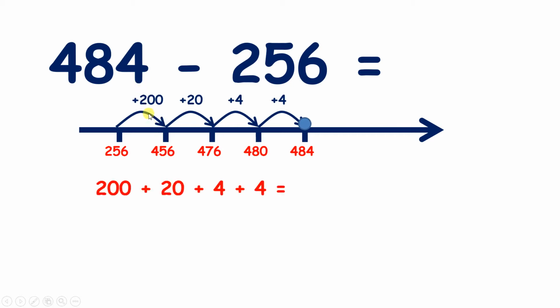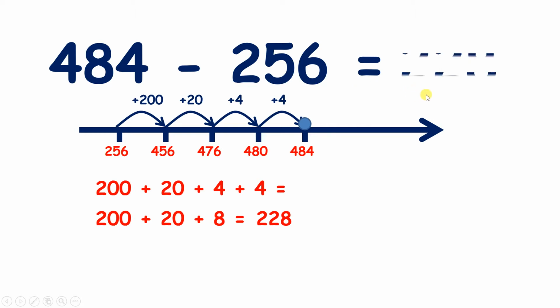So we added 200, 20, 4 and 4. 4 plus 4 is 8, so we added a total of 228. So 484 minus 256 equals 228.